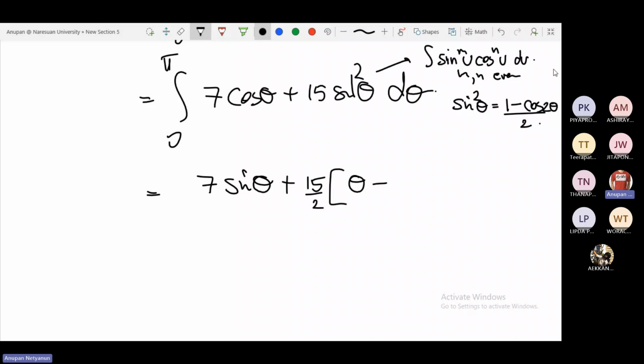What is something when you take derivative is cosine? That is sine. And I'm going to guess that it's going to be the same angle. But when I take derivative, remember, it is sine of something.